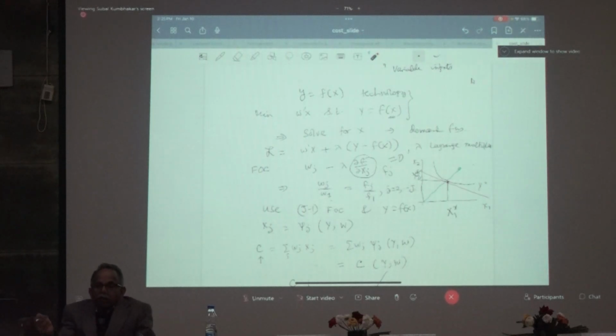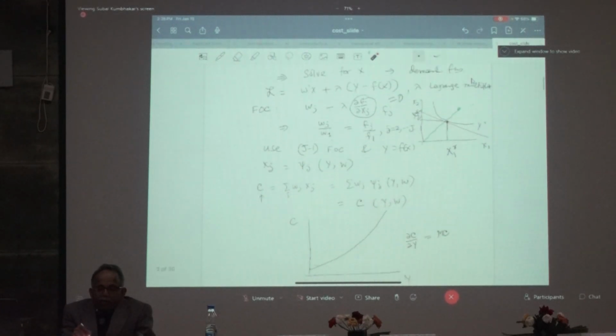A function of everything else. What is everything else? If you look at it, everything else other than x is y and prices, right? So this is going to be a function of y and a vector of input prices. Okay. So again, we call these conditional input demand functions. Demand for each input is a function of how much output is being produced and prices of the other inputs. And I put the subscript j to indicate that you can figure out the demand function for each input.